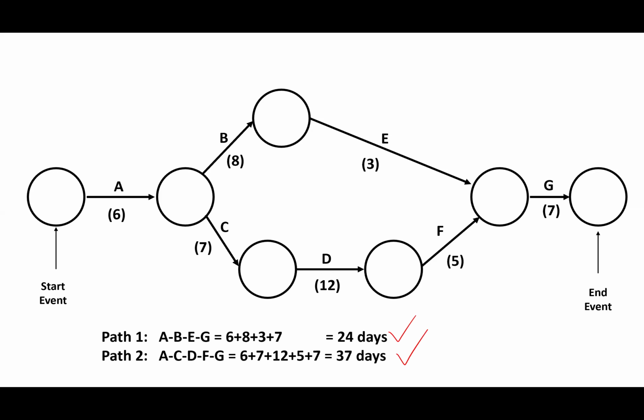For path 1, we have 6 days on activity A, 8 days on B, 3 days on E, 7 days on G. Then path number 2, A, C, D, F, G: 6 days on A, 7 days on C, 12 days on D, 5 days on F, 7 days on G. Those are 37 days.